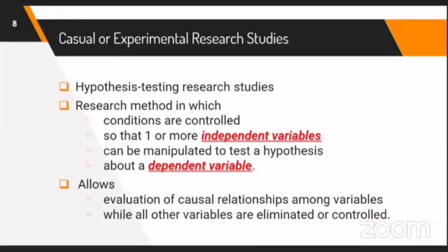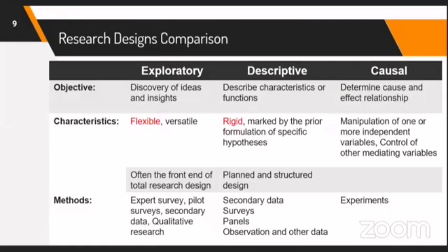While in the descriptive type of research, it just describes the characteristics or functions of the data that you want to study. While in the causal, you check the possible cause and effect relationship of the variables that you have.